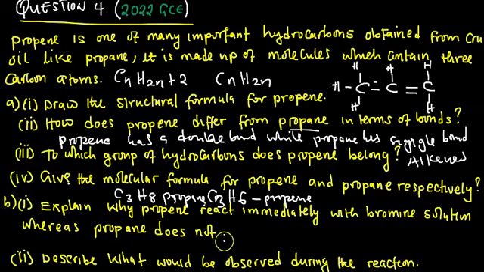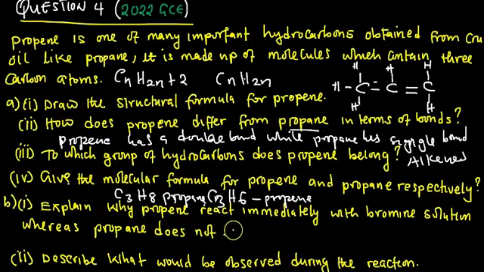So from where we are coming from, we looked at that reaction scheme, where we discussed the reaction of ethene, which is an alkene. So alkenes do behave that way. Now here, why does propene react immediately with bromine solution, whereas propane does not?